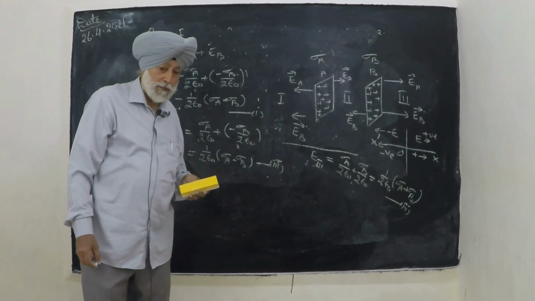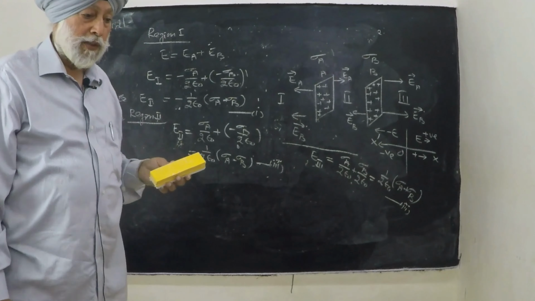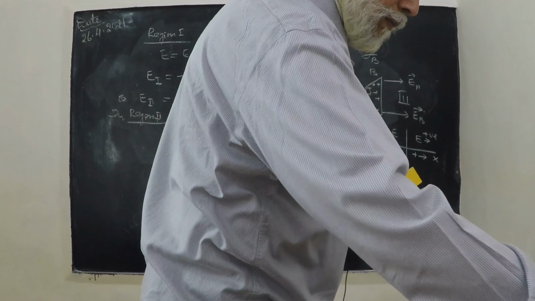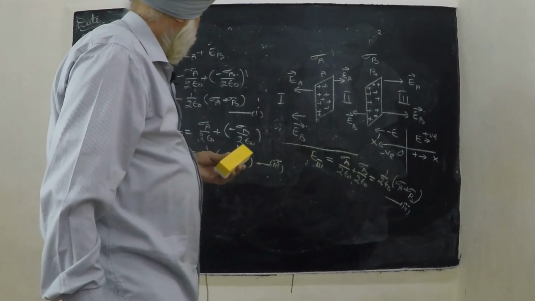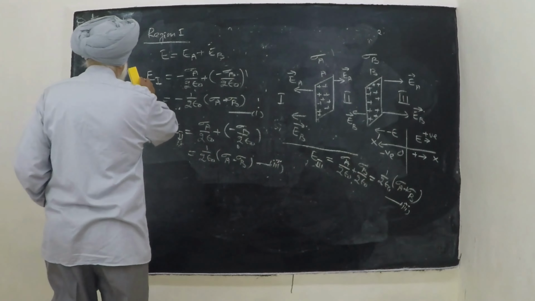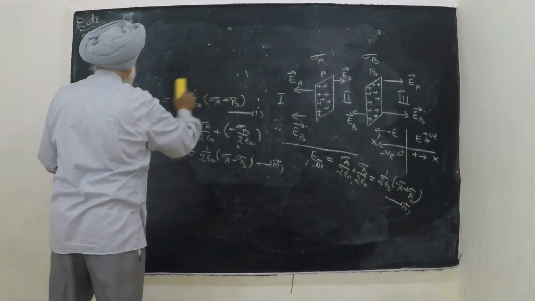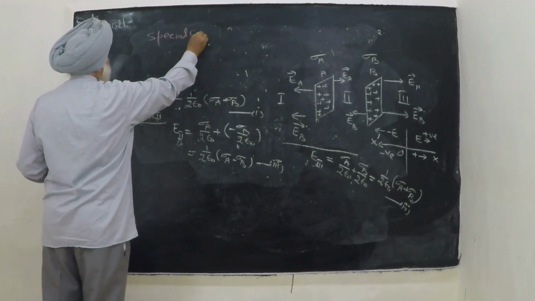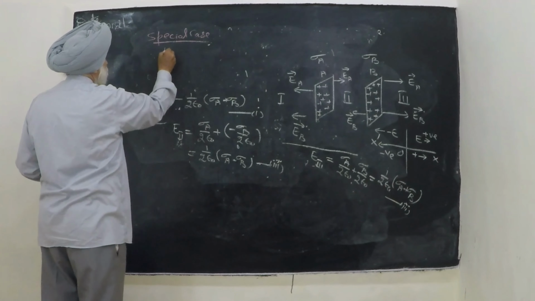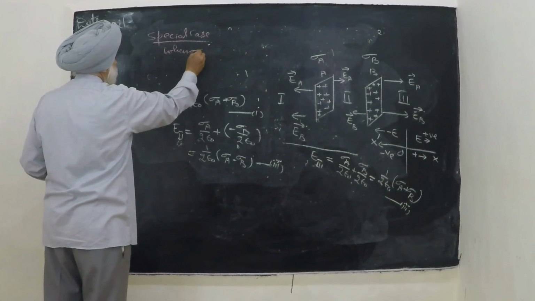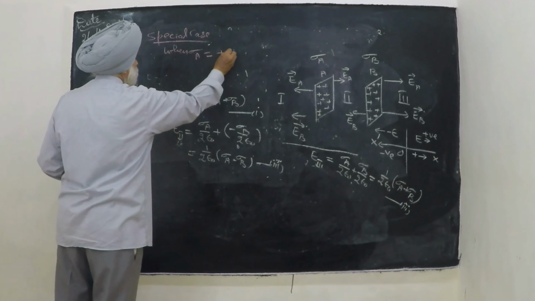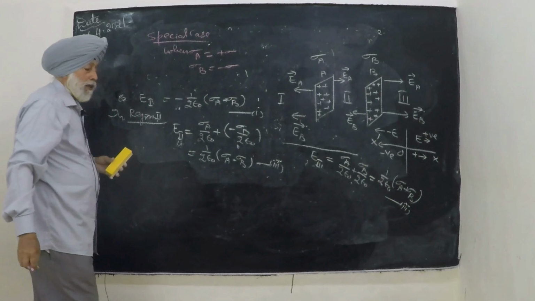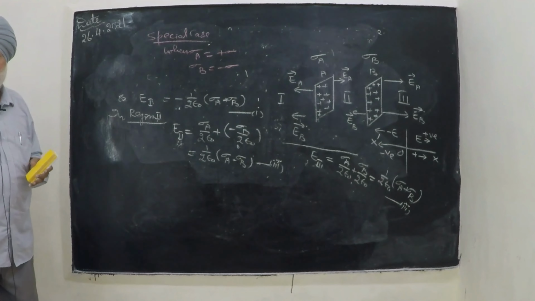If I take the special case, that is when sigma A is equal to plus sigma and sigma B is equal to minus sigma, meaning both the plates are oppositely charged, what will happen?